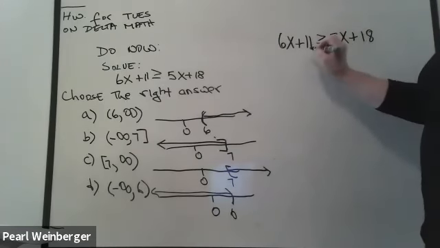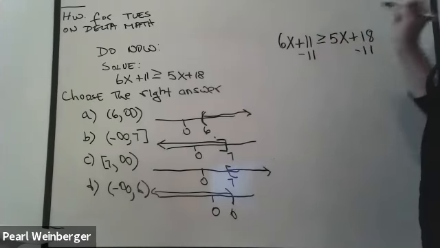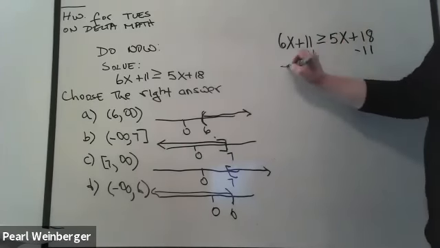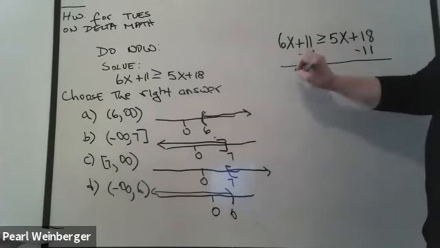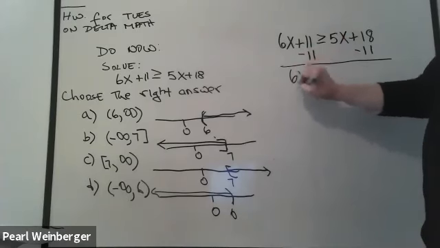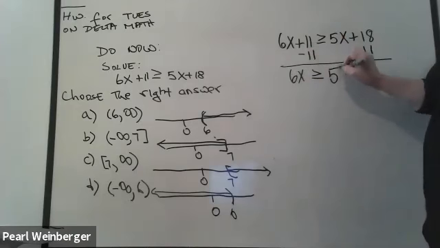So the first thing I'm going to do is subtract this 11 from both sides. You don't have to do it in this order. You could do it in any order you want. You could have first moved the x's. If I subtract 11 from both sides, I get 6x greater than or equal to 5x.